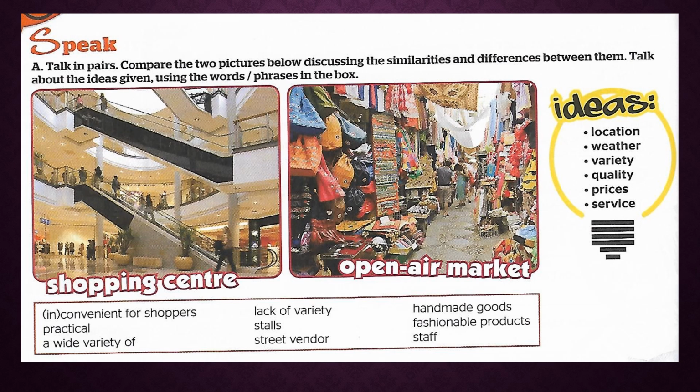You are supposed to discuss the location, weather, variety of products that you can find there, the quality of the place, the prices, and the service that you can get at both these places.